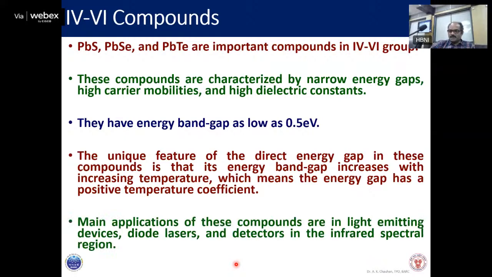The energy gap also increases if you increase the temperature, so these have a positive temperature coefficient. The main applications of these compounds are in light emitting devices, diode lasers, and detectors in the infrared spectral region. All these direct band gap materials are very useful for lighting applications, where light is either emitted or absorbed directly.